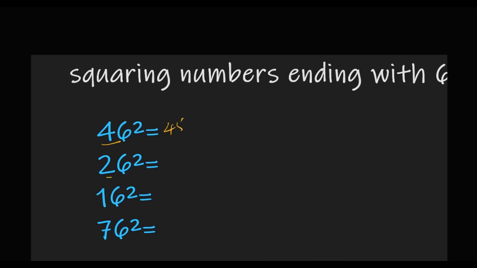For 26, we're going to take 25 squared. For 16, we're going to take 15 squared. For 76, we're going to take 75 squared. But in this case, we are going to add, because 46 is more than 45. Therefore, we're going to add to the result.